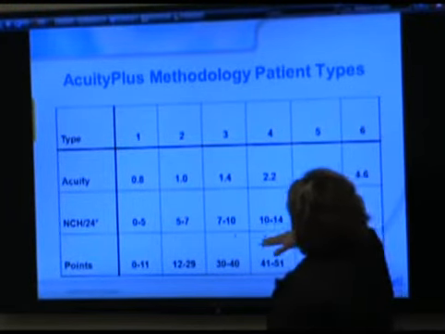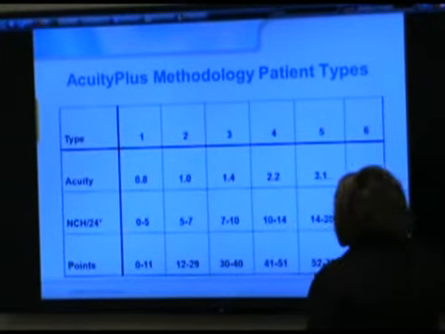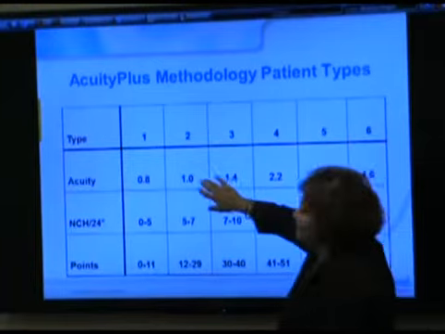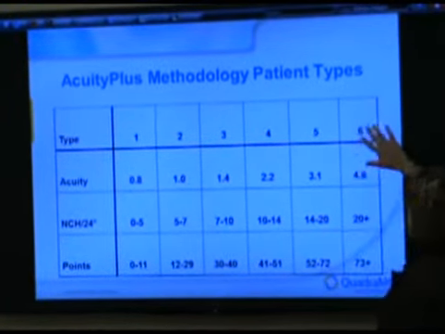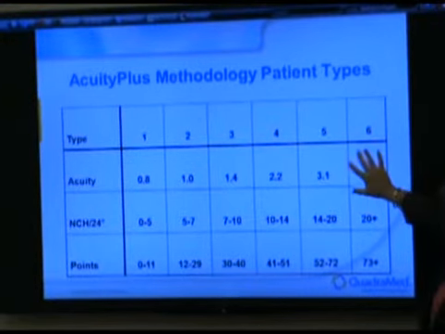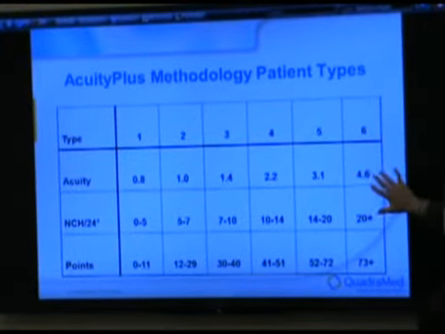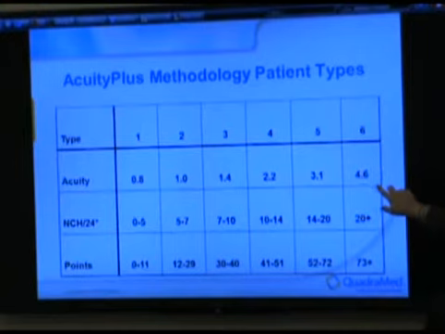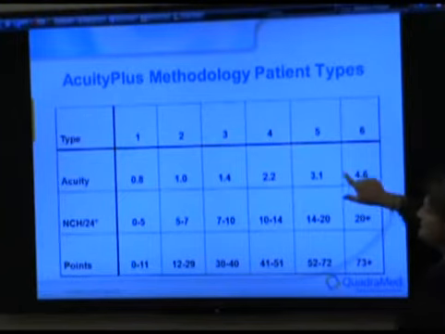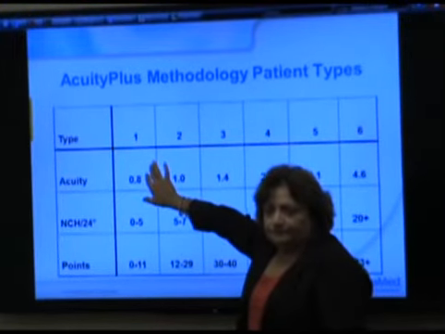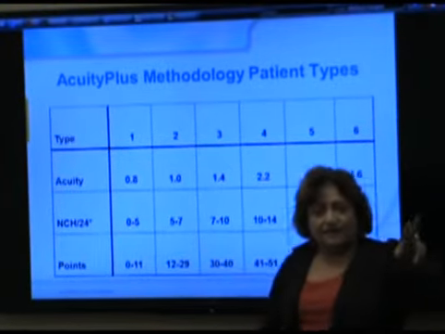The software takes all of the different types and converts them to the equivalent of a type 2 patient. So, for example, instead of seeing one type 6 patient, the software says, wait a minute, this one type 6 patient is equivalent to 4.6 type 2 patients. Are you all with me?